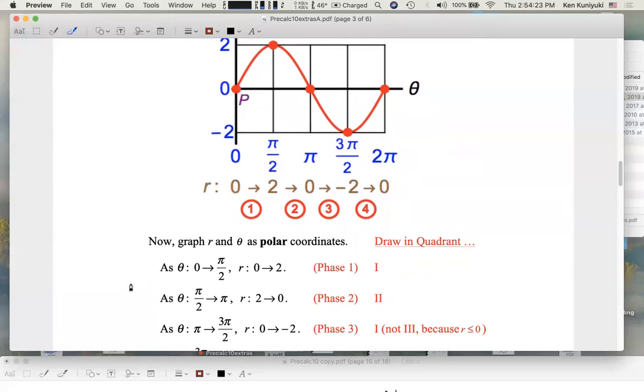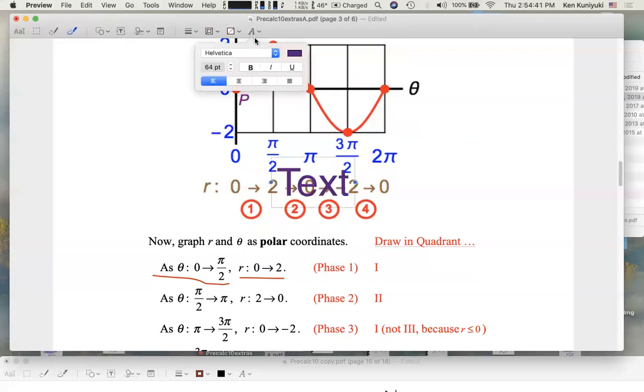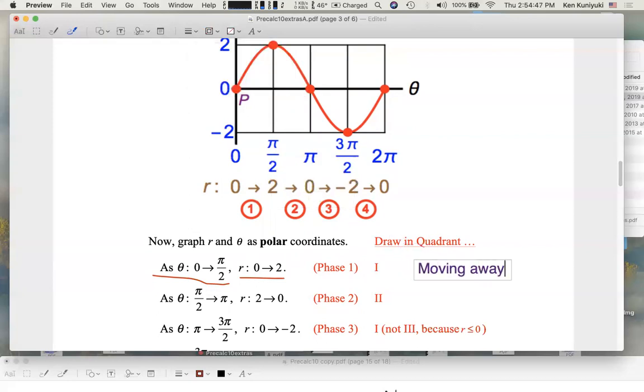So here in phase 1, as theta increases from 0 to pi over 2, r is increasing from 0 to 2, meaning that if you imagine a particle that's going to trace out this curve, the particle is going to be moving away from the pole, or origin.